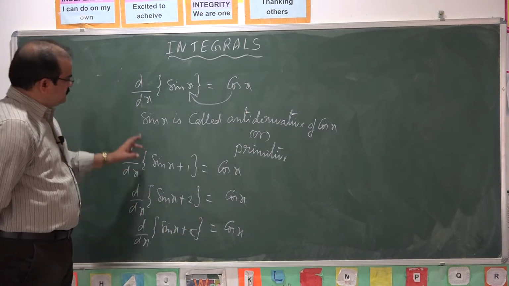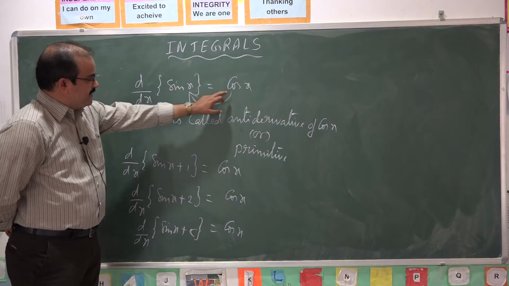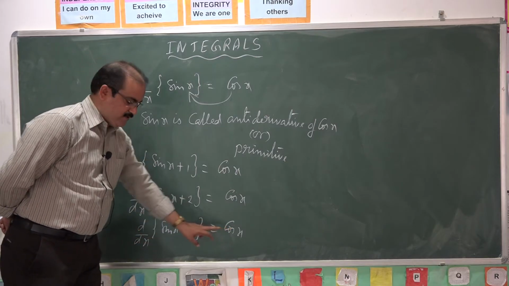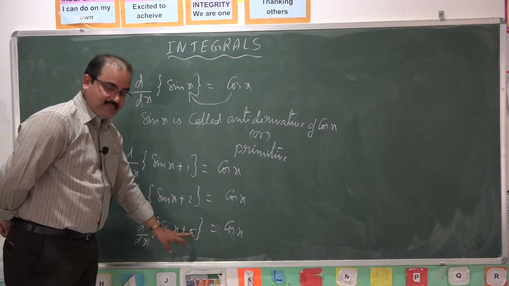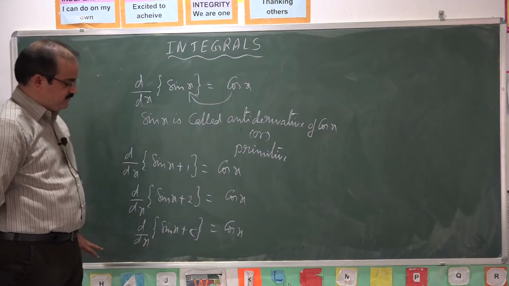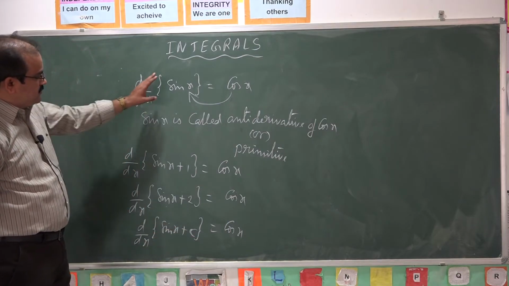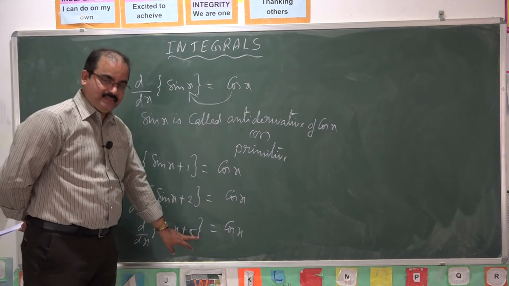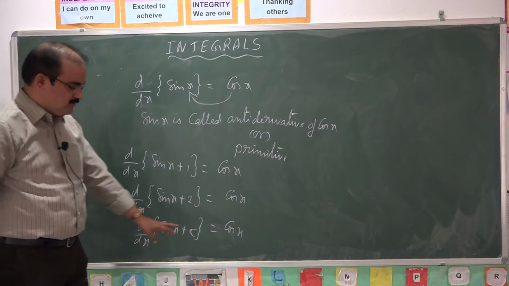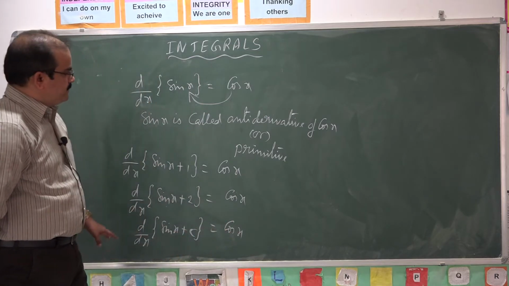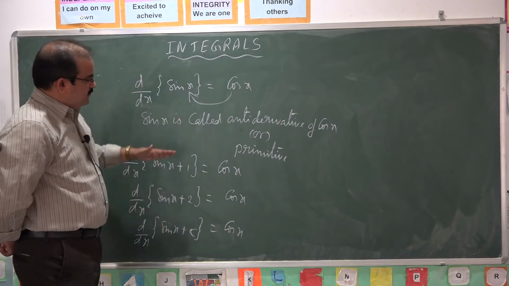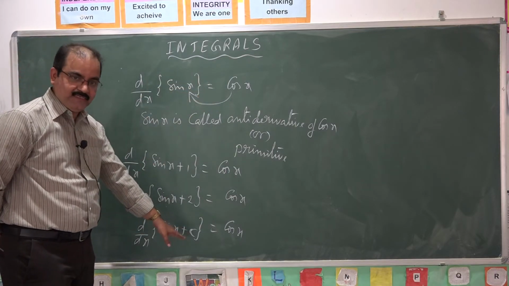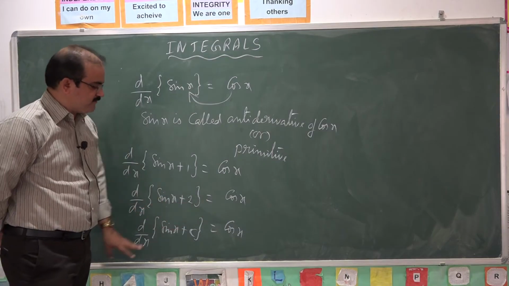So you observe, antiderivative of cos x is sin x, and also sin x plus any constant c. Always, if sin x is antiderivative of cos x, sin x plus c is also antiderivative of cos x.